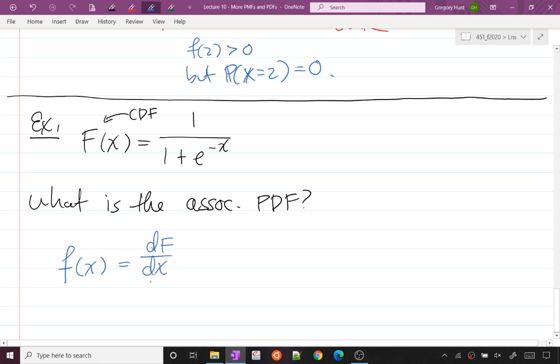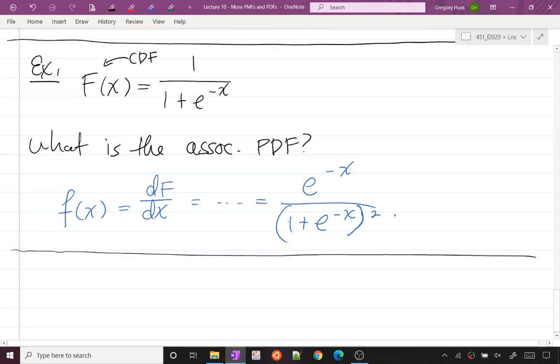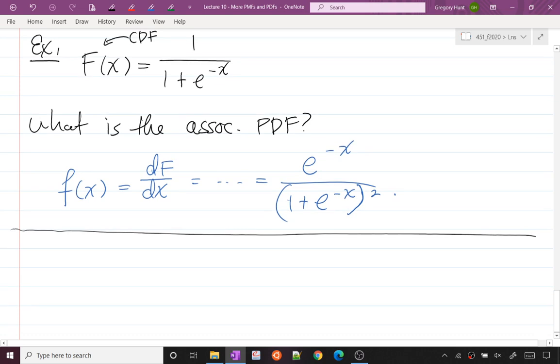It's the derivative of the CDF. And in this case, that gives us, well, I'll let you do the Calc 1 problem there, e to the negative x over 1 plus e to the negative x, squared. That's the quotient rule there. So pretty straightforward. That's the relationship between the CDF and the PDF, the derivative.